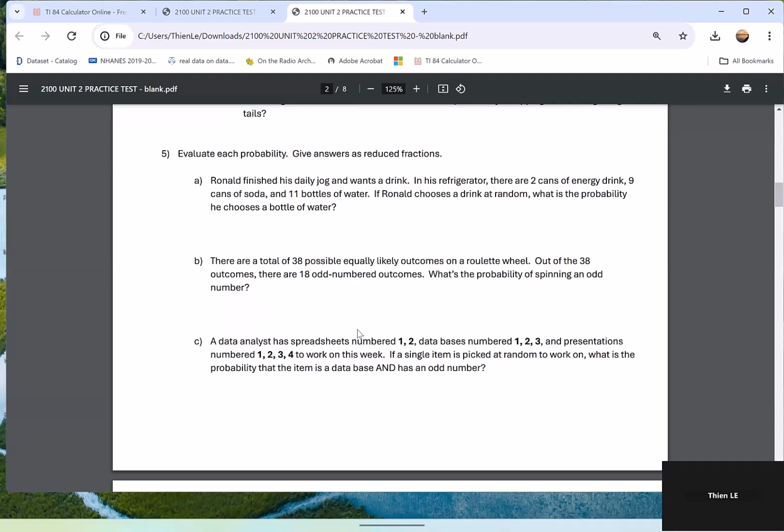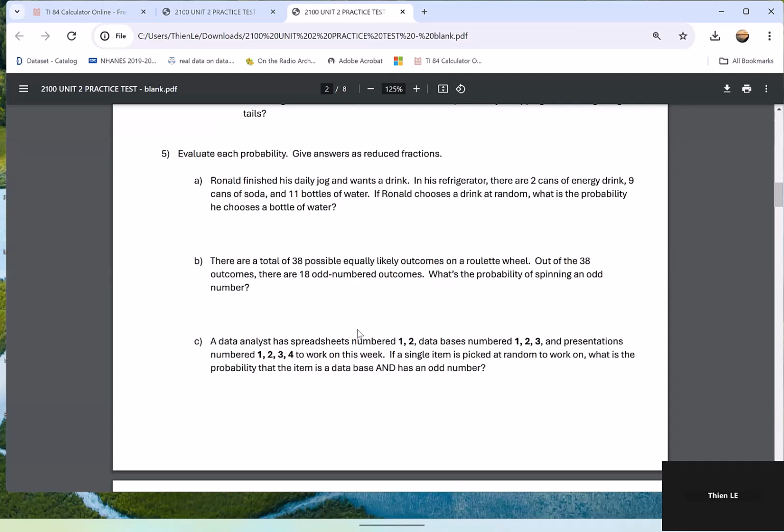So 2 plus 3 plus 4, which gives you 9. So you can think of it as spreadsheet number 1, spreadsheet number 2, database numbers 1, 2, 3, and presentation numbers 1, 2, 3, and 4. So you get a total of 9 items to work on, right?